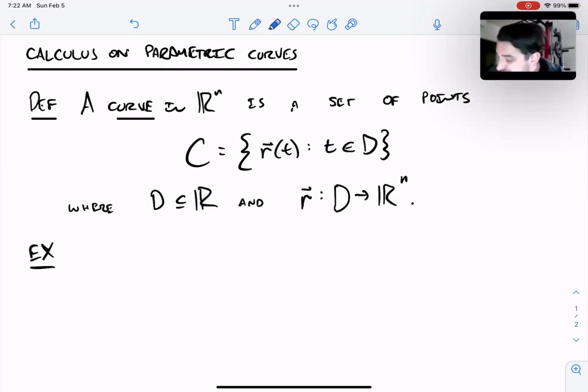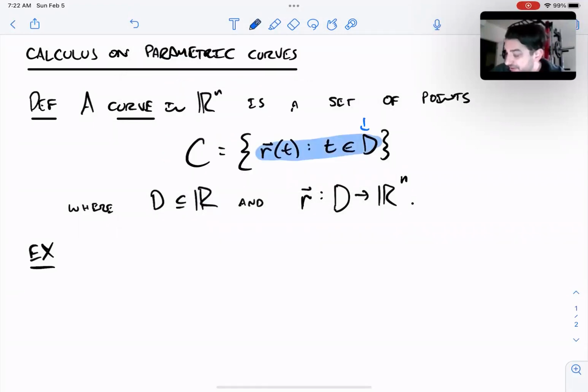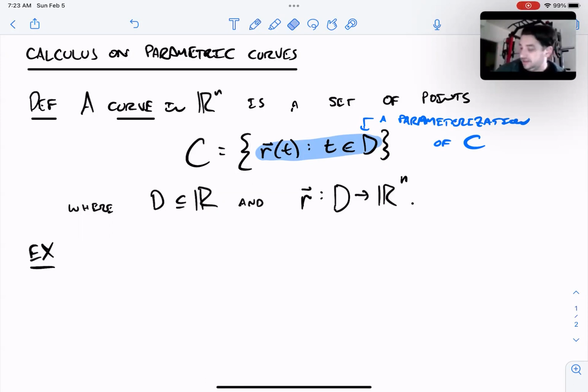Oh, and also I should say, this R and this D is called the parameterization of C. So a choice of vector R and D is a parameterization of C, and not just D, but the whole thing, so the domain along with the function R.